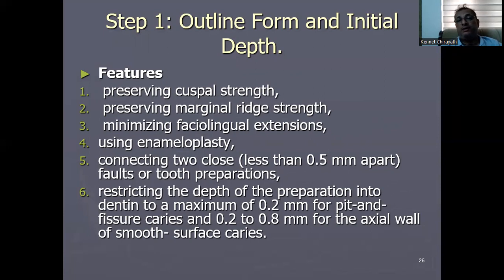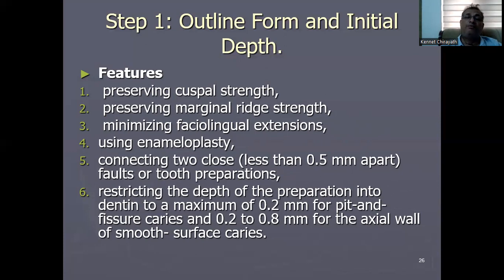One is cusp strength, which means circumventing the cusp. Then comes preserving the marginal ridge, 1.6 for the premolar and 2 millimeter for the molar. If you cannot give 2 millimeter or 1.6, we will give an occlusal divergence. The width of the cavity should be 1/3 the intercuspal distance.